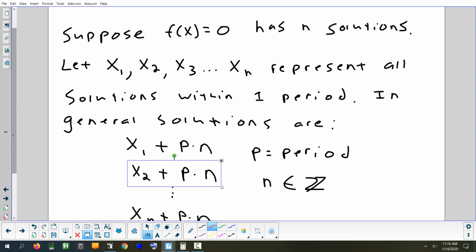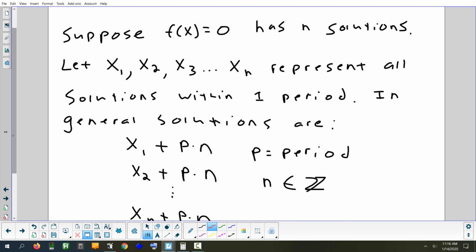So I'm just reviewing that again. I think somebody had asked me earlier, it was Adri, what is n? So n is an integer. n is any integer you want. So you can only add multiples of the period. You can't go 1.5 cycles later. No, you either go a whole cycle later or a whole cycle earlier, but you can't go in between.